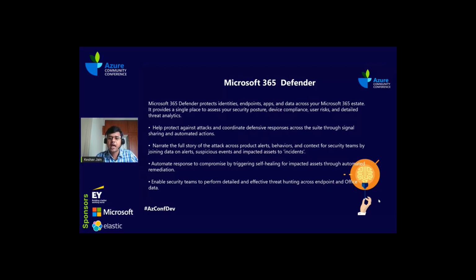It can help you stop attacks before they happen, detect and automate across domains. It will provide hunting capabilities as well. If you want to hunt a threat, you can do it with Microsoft 365 Defender.